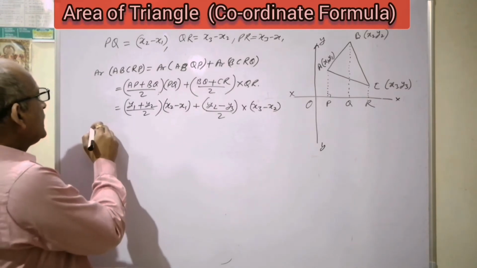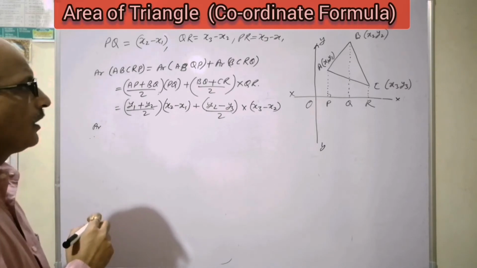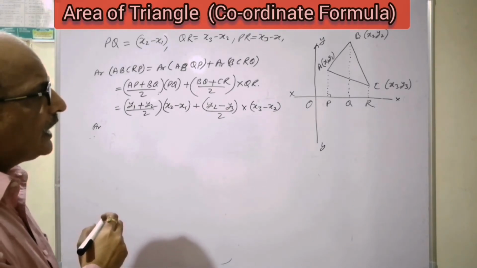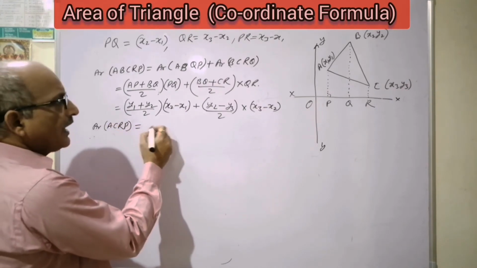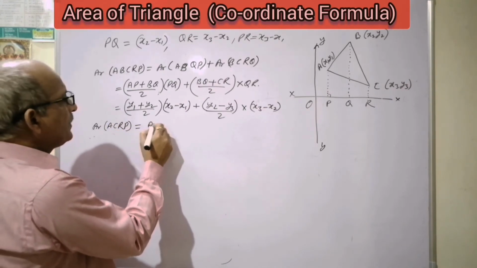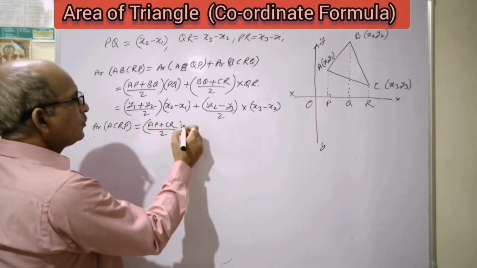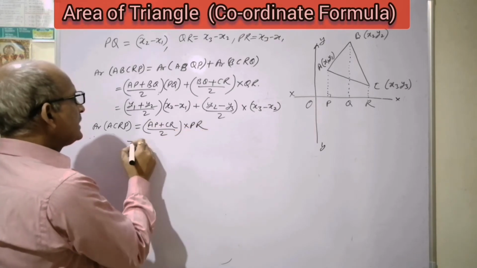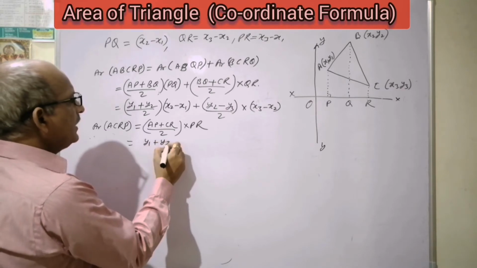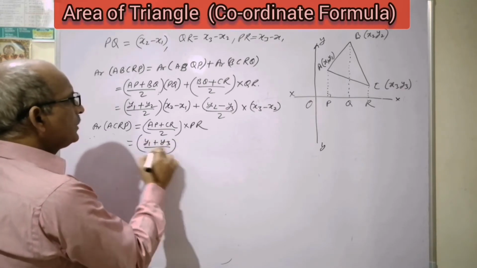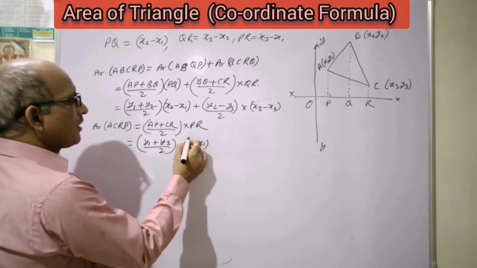Now, the area of trapezium ACRP is equal to, again, AP plus CR upon 2 into PR, that is y1 plus y3 upon 2 into PR. PR means x3 minus x1.